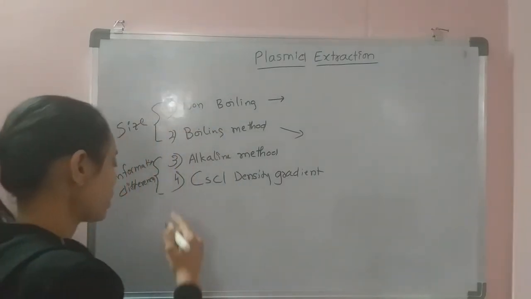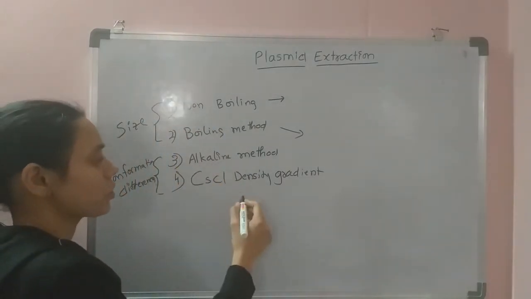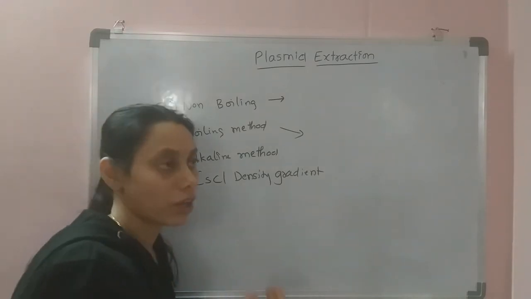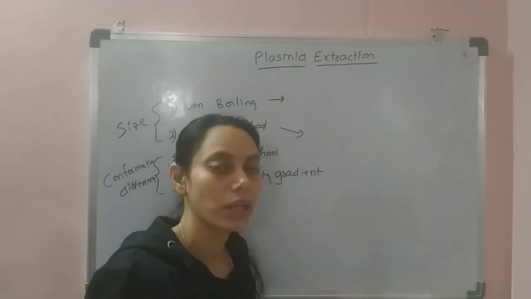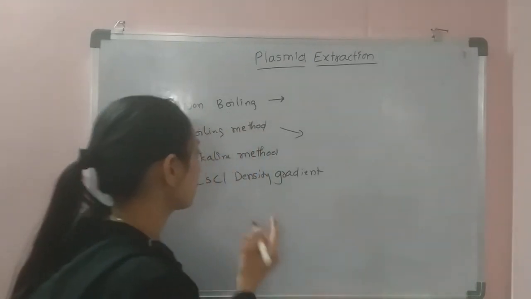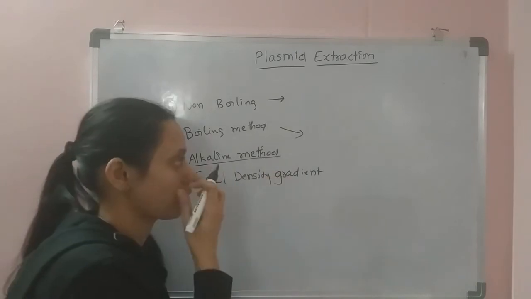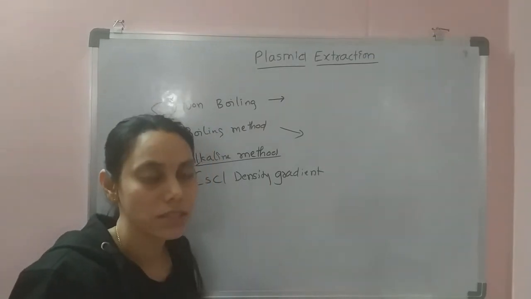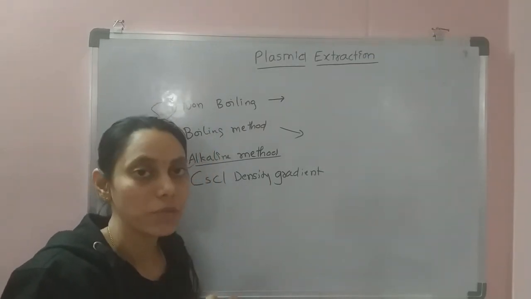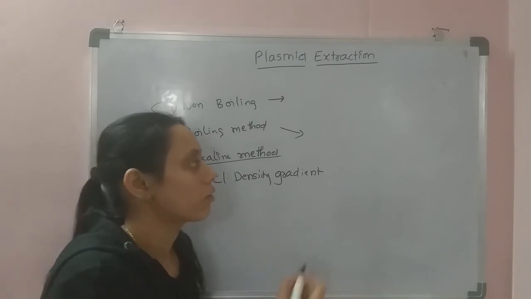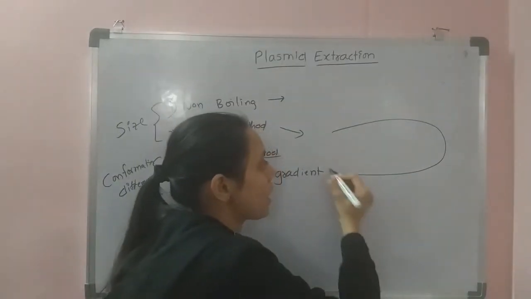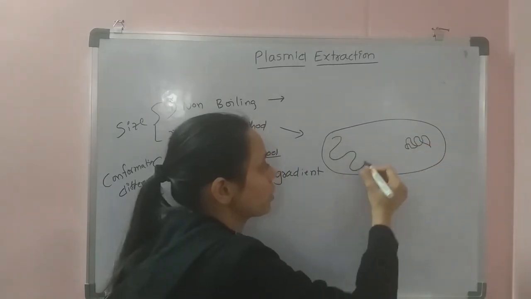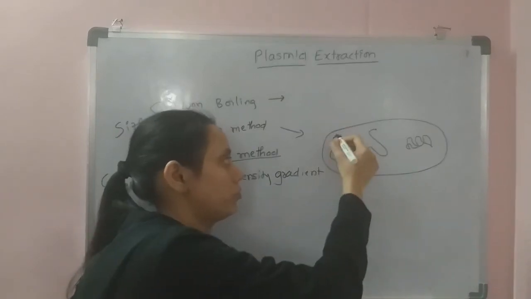So the alkaline method and the cesium chloride density gradient method are basically based on the conformational difference between genomic DNA and plasmid DNA. Coming to the alkaline method, pH related changes make the plasmid isolate. As we already discussed, the plasmid will be in supercoiled form and the genomic DNA will be in relaxed form.